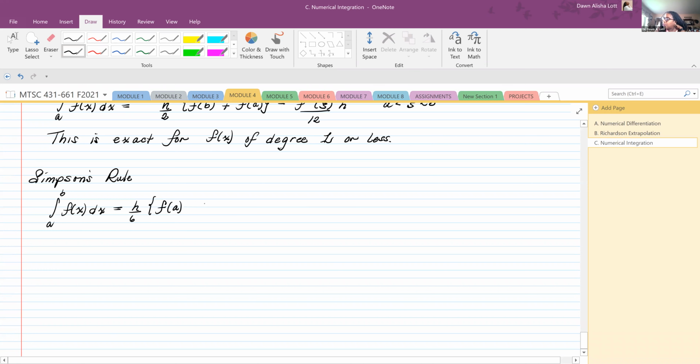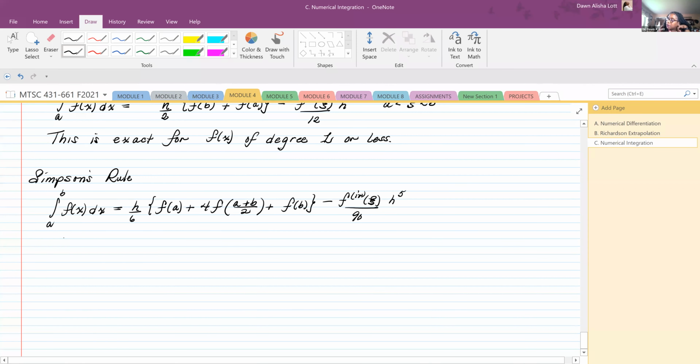Okay, and this is 4f of (a plus b) over 2 plus, oh, I know why, because h is h over 2, so that's why it was a 3, but it's okay. This is f of b, and then its error is minus the 4th derivative at c all over 90 times h to the 5th.